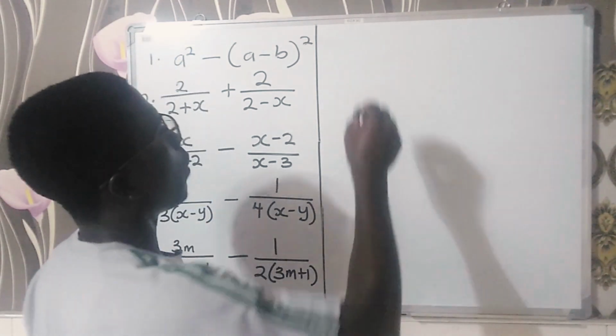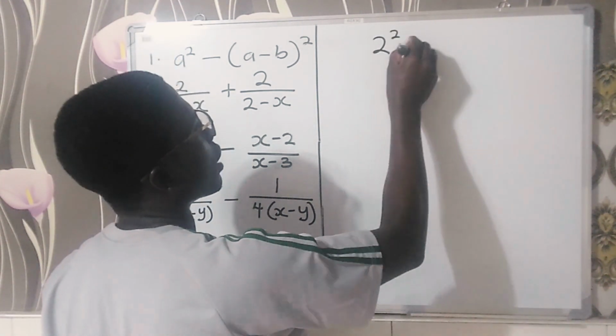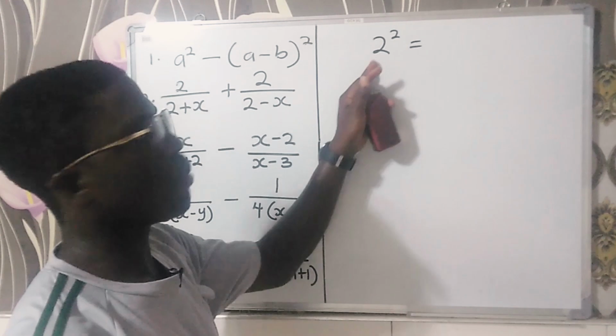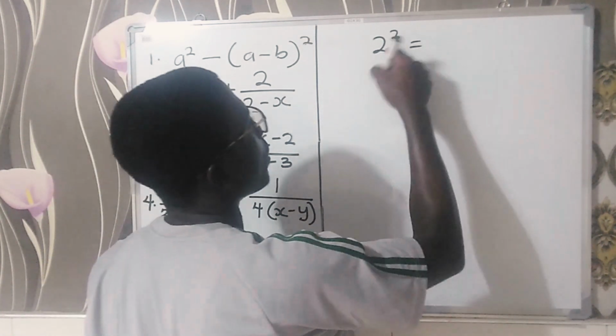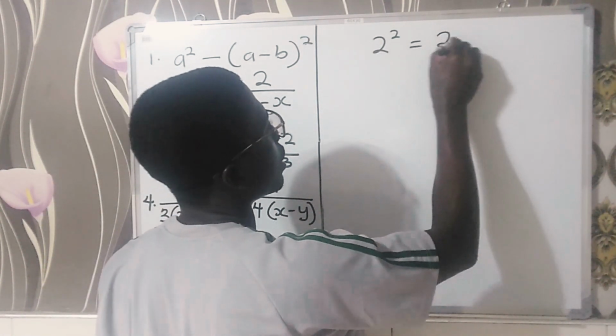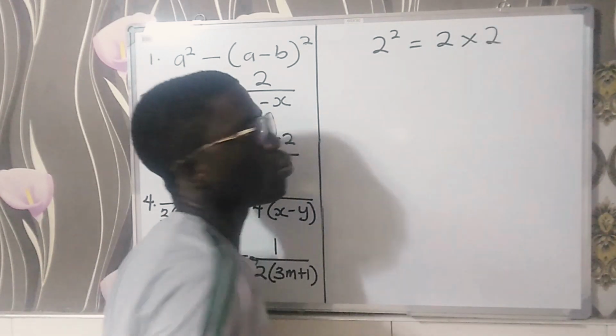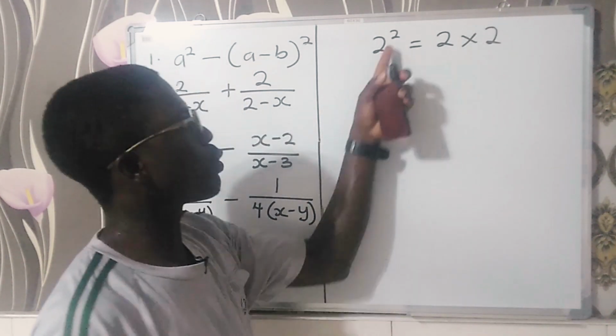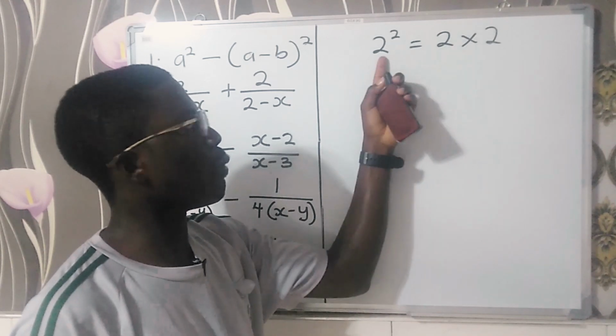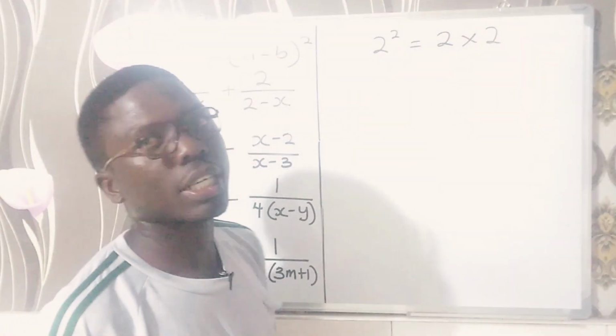You see, whenever you have two square, this simply means that we can repeat the two twice. That is 2 times 2. Whenever you have two square, we repeat the figure twice.